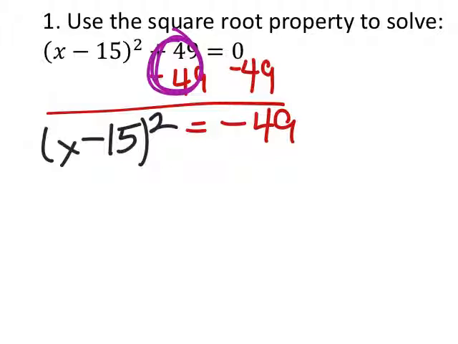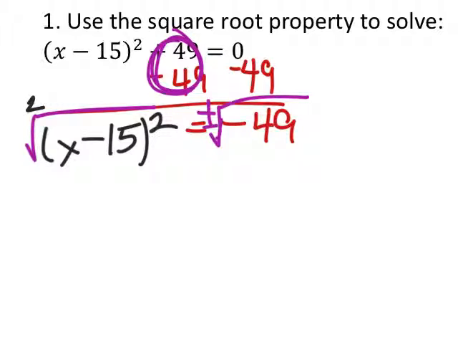Well, now what we can do is that square root stuff, which we will do, square root both sides, but it's going to be plus or minus the square root of negative 49. And since we've already gone over these complex numbers, having the square root of that negative really is not going to change anything. So let's see how this works out.